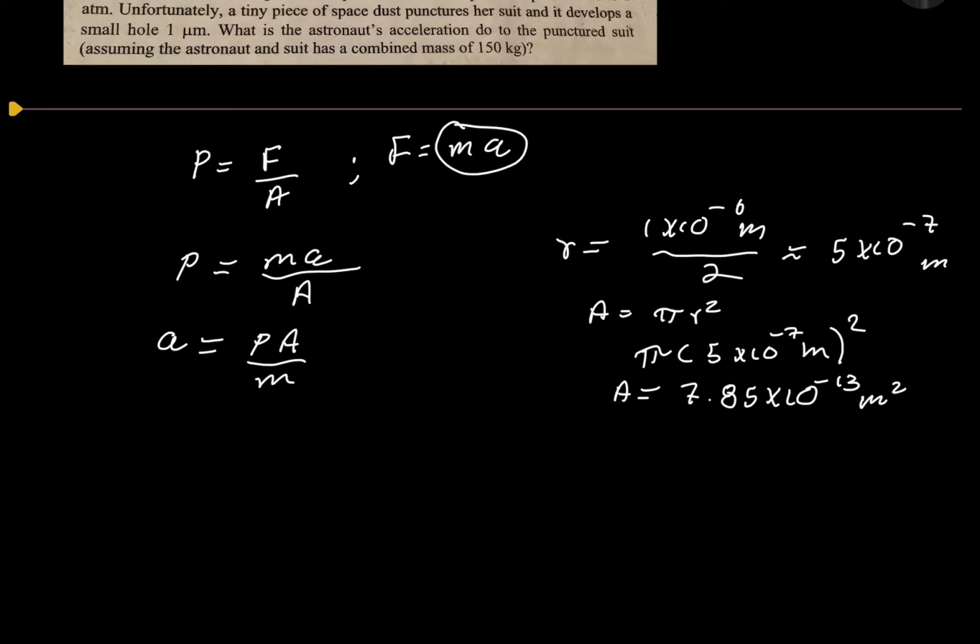Now we can find, actually we're given the rest of the things. We're given that the pressure is 1 atm, and we can turn that into pascals. Pressure can be expressed as 101,325 pascals.